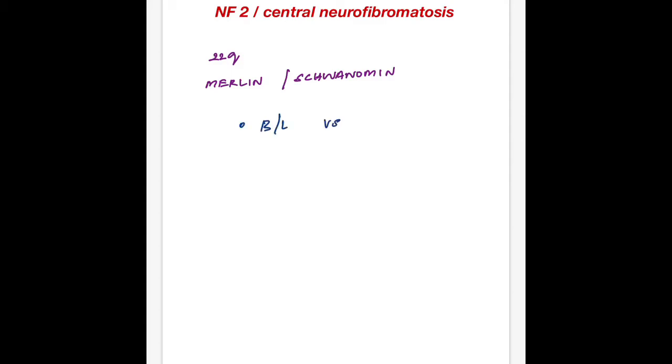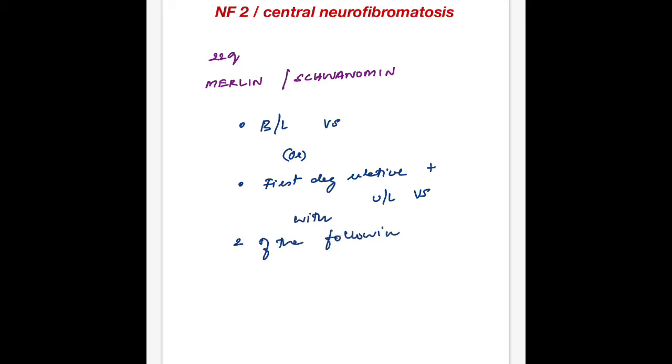Here we get bilateral vestibular schwannomas, which is the diagnostic criterion. Or if it is not bilateral vestibular schwannoma, it has to be a first degree relative with a tumor and unilateral vestibular schwannoma with two of the following lesions: meningiomas, schwannomas, ependymomas, or even gliomas, and posterior subcapsular cataract.